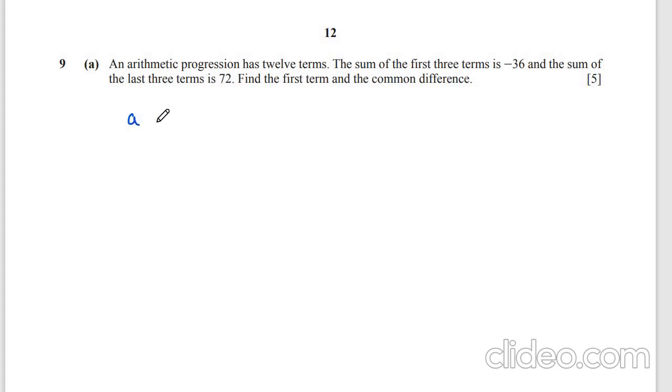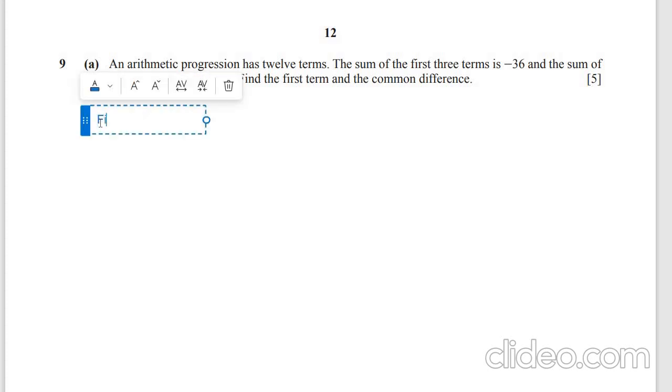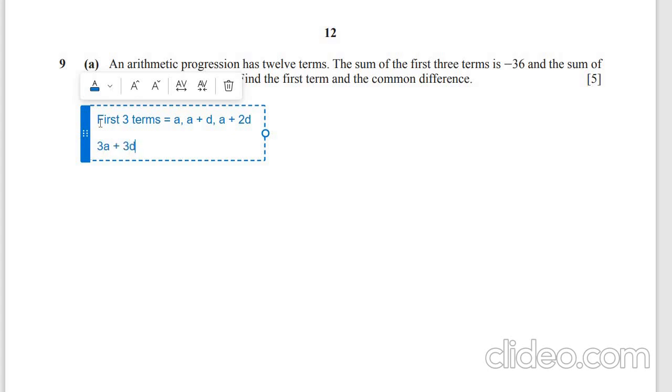Well, the first 3 terms are going to be a, a plus d, and a plus 2d. So if we add them, the first 3 terms, we're going to get 3a plus 3d, and that equals negative 36.